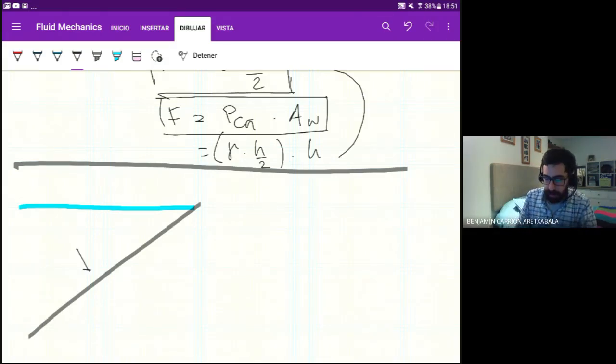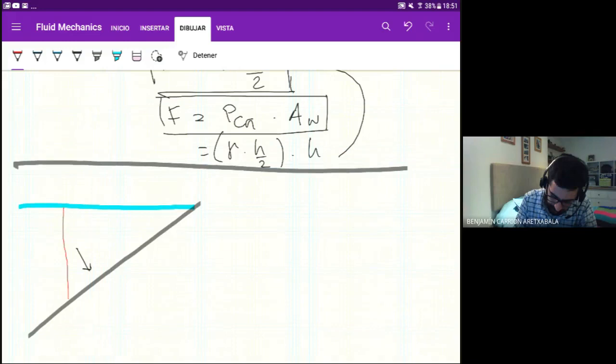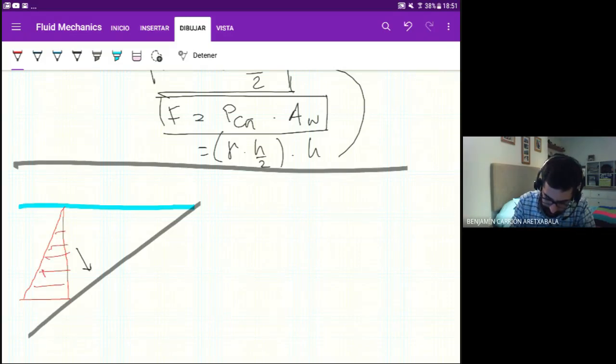What you should keep in mind is that I'm going to draw it again, but the pressure distribution, if this is the pressure, here is 0, and here is proportional to the depth. So it's a linear distribution of pressures. I'm sorry for the mess, but this is pressure.